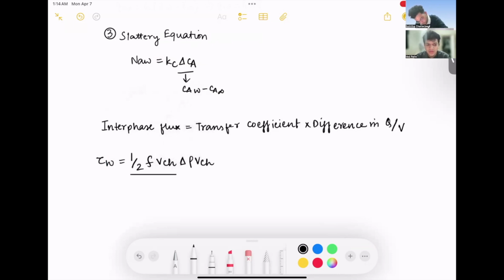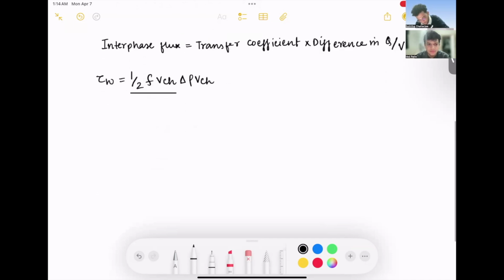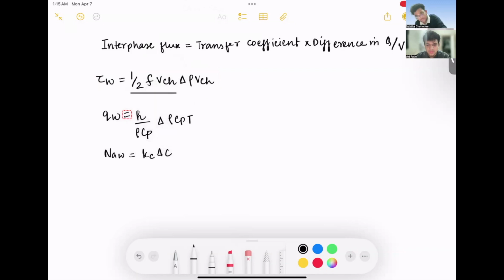The second equation can be modified as qw equals h upon rho Cp multiplied by delta rho Cpt. And the third equation can be modified as NAW equals Kc into delta Ca. The dimensions are the same, so no need to change this equation. Now we will mark these equations as 1, 2 and 3.